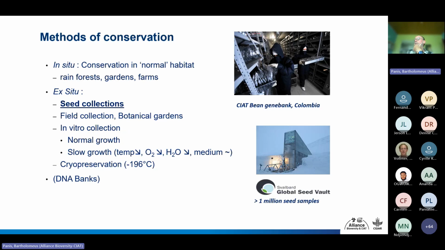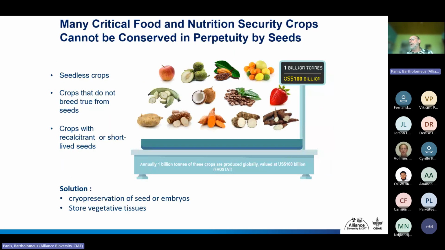So in which cases is seed preservation not possible? It's in case, of course, when you are dealing with seedless crops, like bananas. Edible bananas do not produce seeds, so you have to look for alternatives. Then you have those crops or trees that are not breeding true from seeds, like the fruit trees, apples, also other fruits.